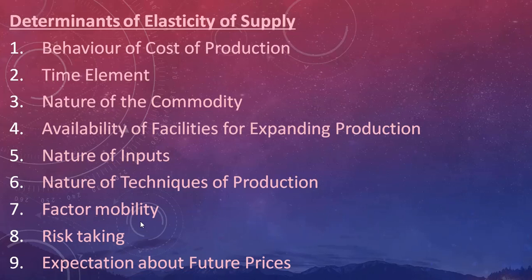Now point number five, nature of inputs. There are actually two laws here, diminishing returns and increasing returns, which we will discuss in the later chapters. However, I want to tell you one thing: nature of inputs is actually the raw material. Some raw materials are like this: you have to feed in too much input, but the output is very, very less. More raw material, more input but less output. At that point of time, supply will be less.